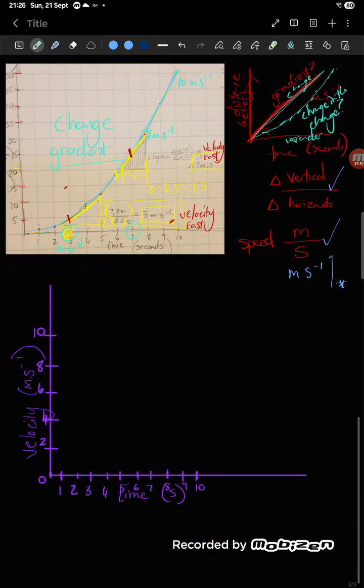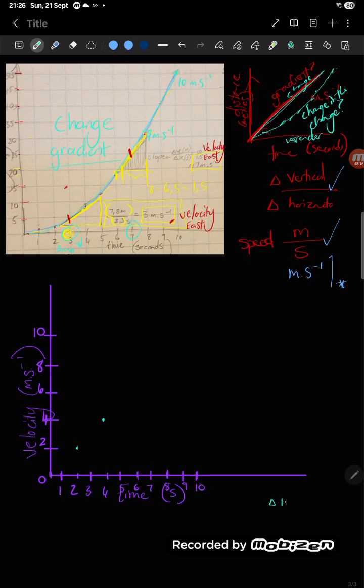Well, let's see. At 2 seconds, they were going at 2 meters per second. At 4 seconds, they were going at 4 meters per second. Remember, we're increasing 1 meter per second at a time. And that tells us something.